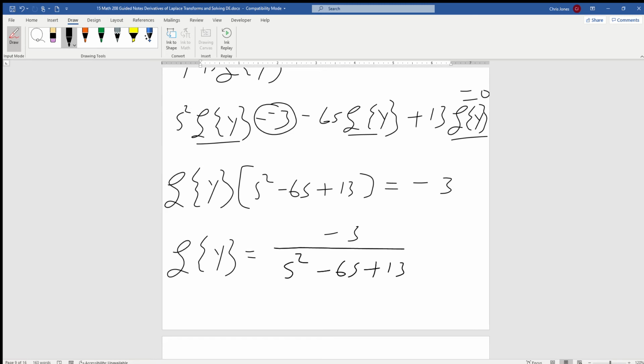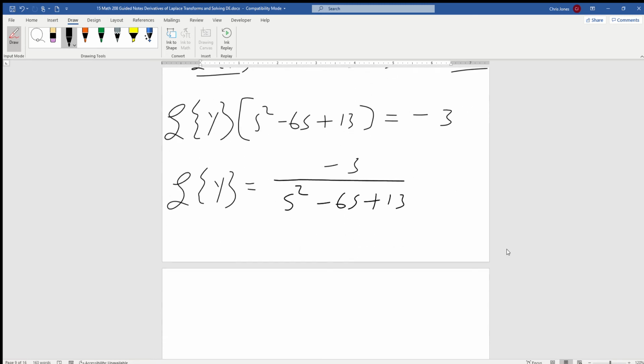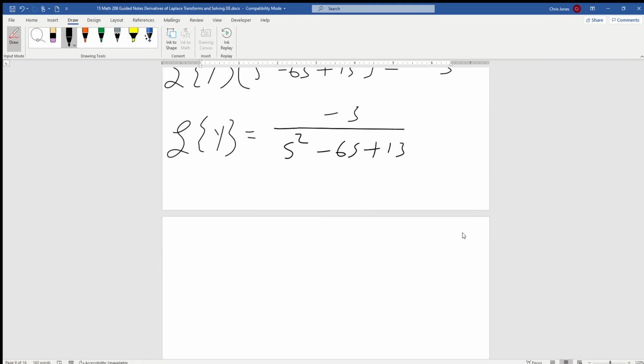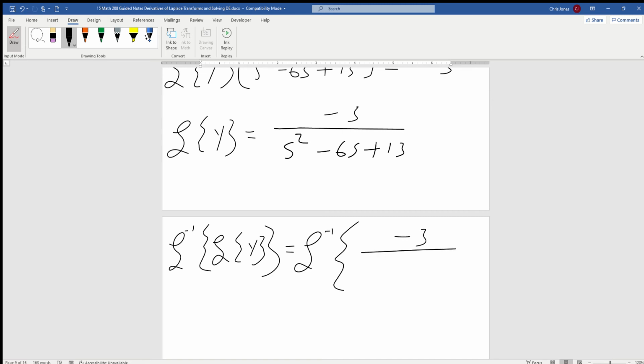At this point, what we usually do is we look for the inverse Laplace, and that's exactly what we're going to do. So our final step to be able to solve, we've gotten rid of all the derivatives, as an integral transform generally does. And so now we're going to take the inverse Laplace. So we're going to have Laplace inverse of the Laplace of y is going to be equal to the inverse Laplace of negative 3 over s squared minus 6s plus 13.